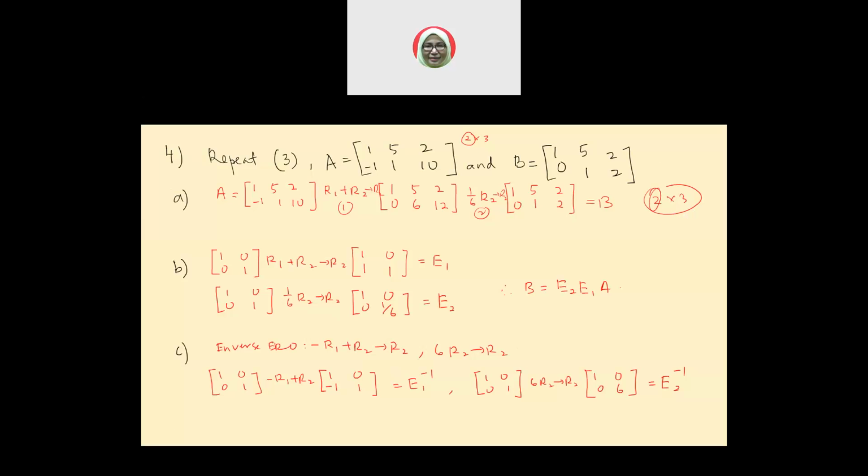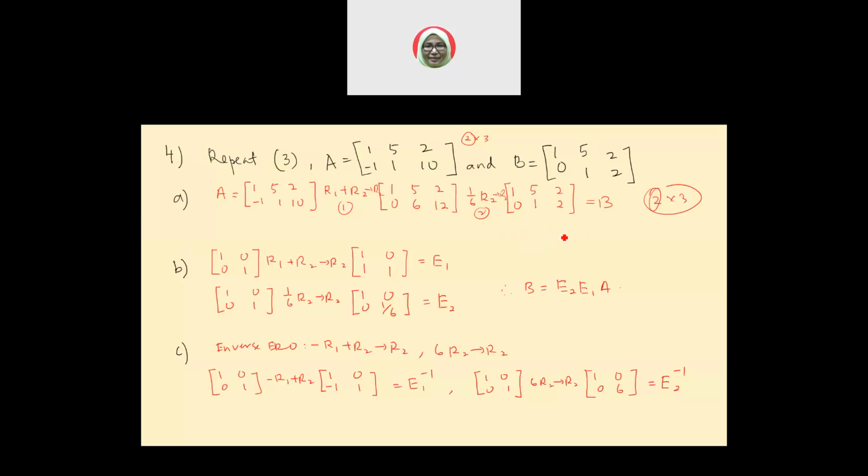Right, question A, this is the normal process to get the elementary row operations that will be used to reduce matrix A to matrix B. So we have these two row operations: R1 plus R2 changes to R2, and this one, 6R2 changes in R2, sorry, 1 over 6 R2 changes in R2.